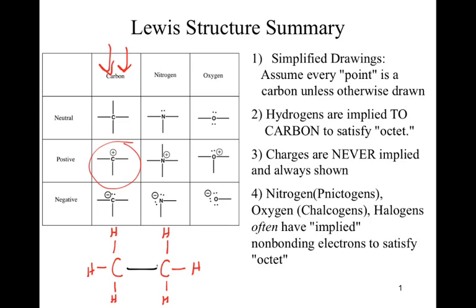I will try my best to never do that because it's very misleading and you could easily lose track of the chemistry. If you're reading through the textbook, you'll probably see that they stop specifying the lone pairs. Make sure that when you draw them out, you draw in the lone pairs. So that's kind of the goal of your Lewis structures, trying to get those rules memorized or ingrained in your brain.